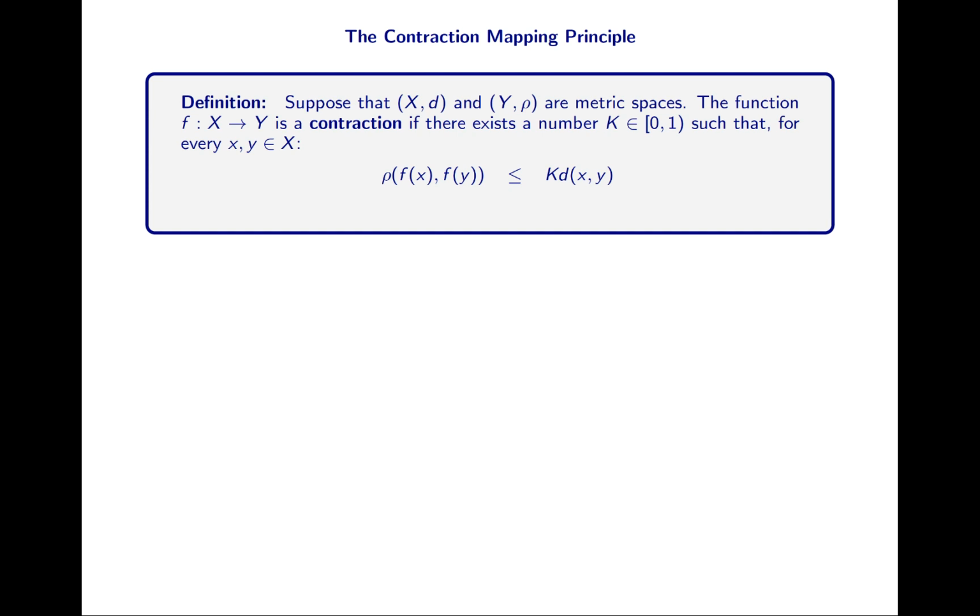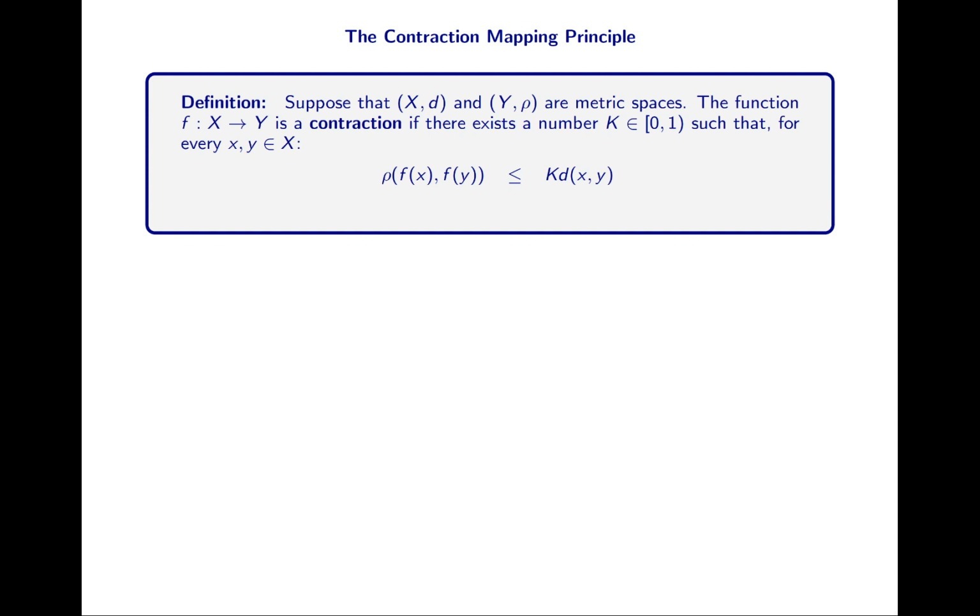Specifically, a function f is a contraction if it maps one metric space to another metric space, and there exists a non-negative number k strictly less than 1, so that for every x and y in the domain of f, the distance between f of x and f of y is less than or equal to the distance between x and y times k.